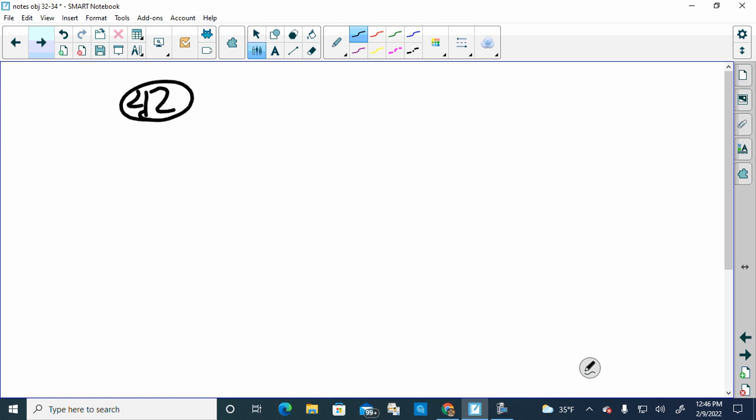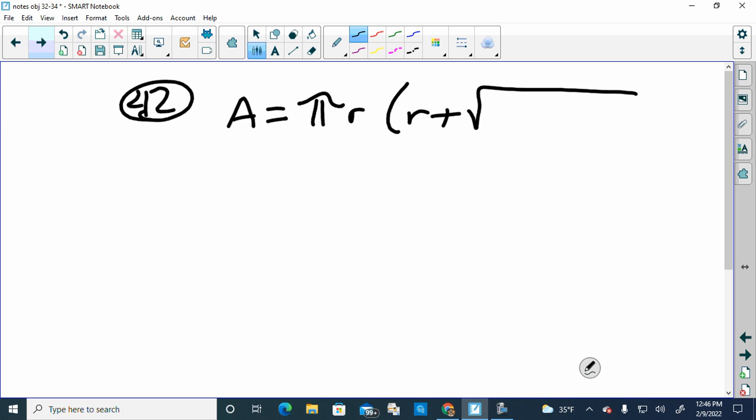Okay, so the area of the cone, that's the one that has on the board, I have it in green, it's the second one down. Okay, that's the one that has the square root part. So area of a cone is pi, R, and then parentheses, R plus, and then underneath the square root is H squared plus R squared, and then that's the end of it.